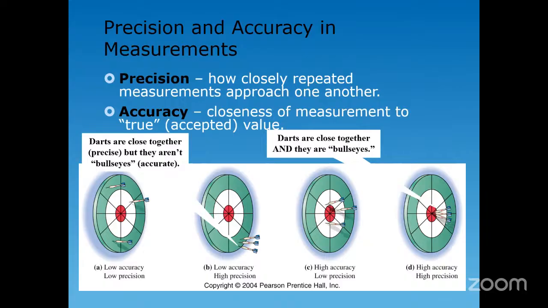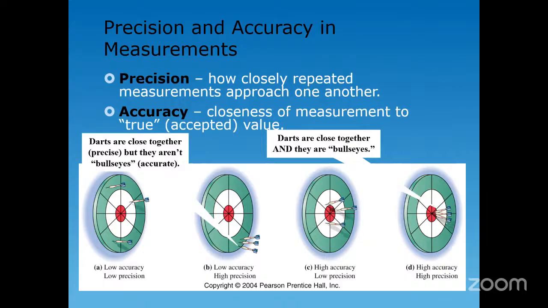The third one is where the darts are relatively close to the center, but still relatively far from each other. So the accuracy is relatively high, but the precision is low because the darts are far from each other. And then the final one, which is of course the ideal situation, is where all the darts are hitting smack in the middle.